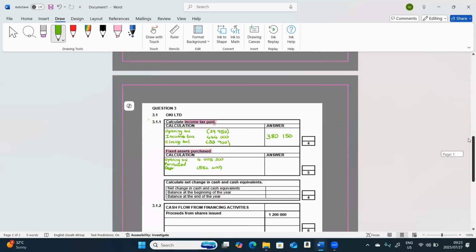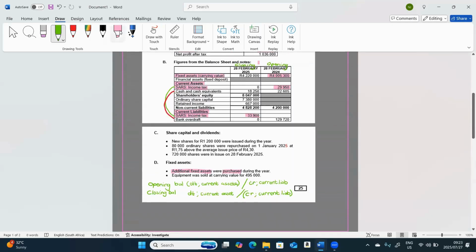Okay, what do we also read in terms of fixed assets? What do they also say? They say that equipment was sold at carrying value for 495,000 Rand. Okay, so guys, because the opening balance and the closing balance is given to us at carrying value, we have to take out any fixed assets at carrying value as well. So because we sold equipment at carrying value, we have to subtract 495,000 rands worth of equipment.